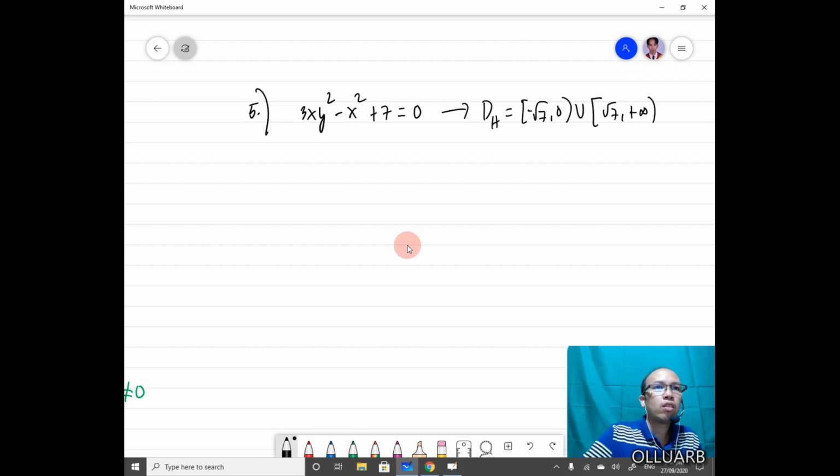So we write the given as x in terms of y because we are going to find the range. Oh, we have a quadratic, sorry.